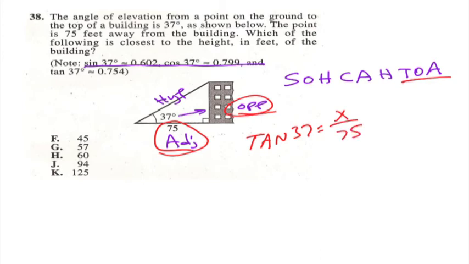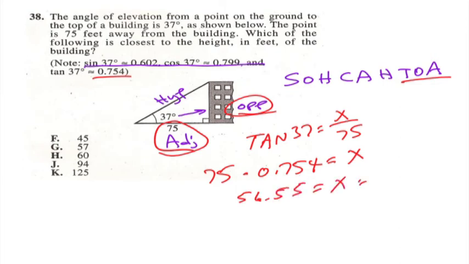Now we can look up here and get that the tangent of 37 is 0.754, and then we'll multiply that times the 75 is equal to x. And when we multiply the 0.754 times 75, we get 56.55, which is going to make x approximately 57, making G the answer to 38.